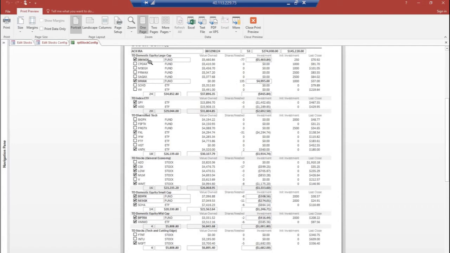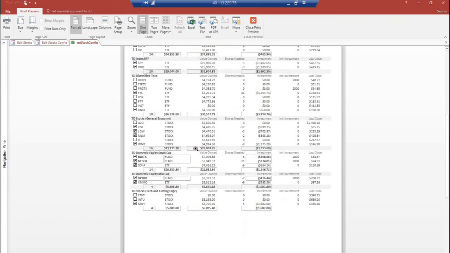I must have not liked AMAGX last month, and I replaced it with VHIAX. Right down here, we're going to buy some more SPY and VOO. No, actually, we're going to decrease those. It says I need to sell 3 shares of each of those. We're going to sell some FXL, and we're going to buy some XNTK.